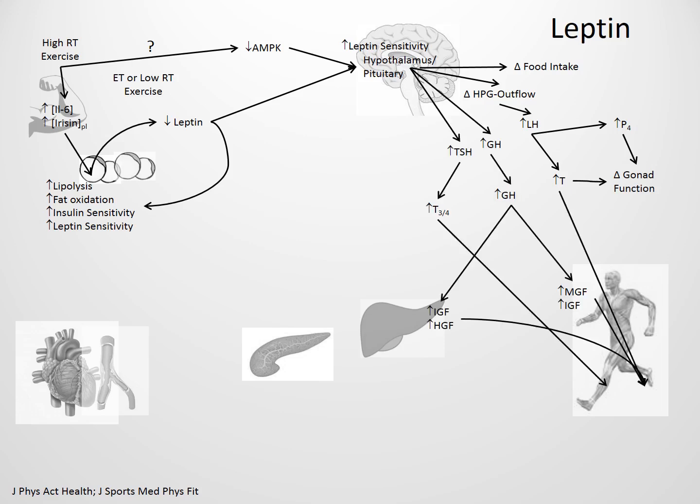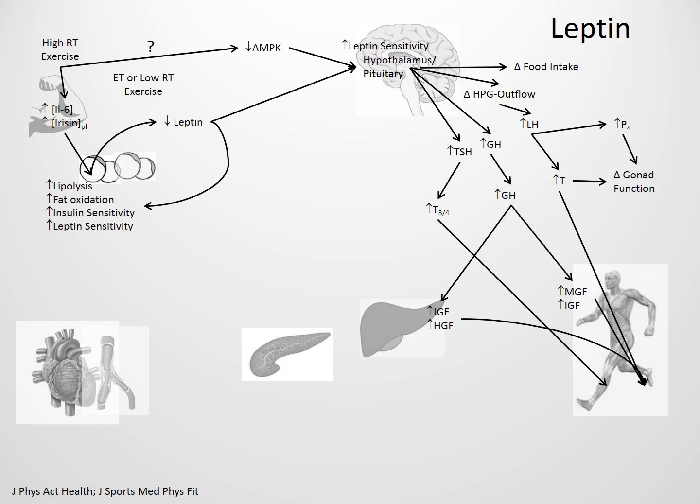This change from the hypothalamus and the pituitary is going to end up increasing growth hormone as well as thyroid stimulating hormone. The increase of growth hormone is going to cause an increase of IGF, HGF, MGF at the liver as well as within the skeletal muscle tissue. Active skeletal muscle tissue will also increase MGF. TSH will head to the thyroid and increase the release of thyroid hormones, T3 and T4.